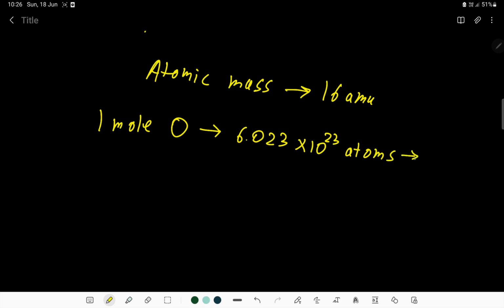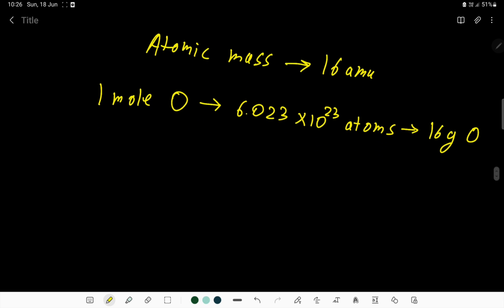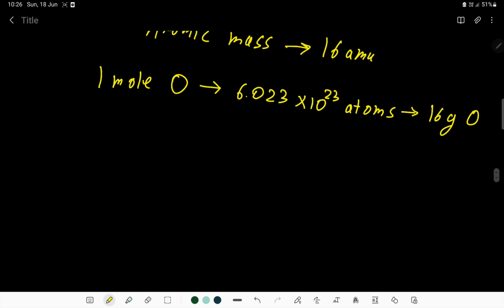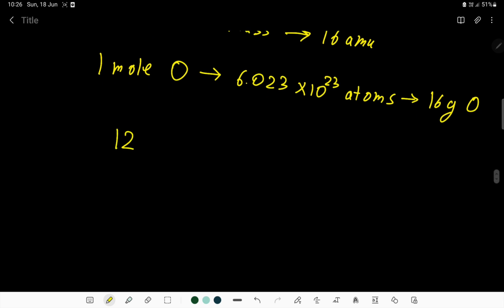That is also equal to 16 grams of oxygen, because 6.023 into 10 to the power of 23 of any element makes the gram equivalent of its atomic mass. So 6.023 into 10 to the power 23 atoms of oxygen makes 16 grams of oxygen. So how many grams of oxygen will 12.046 into 10 to the power of 23 atoms of oxygen make?